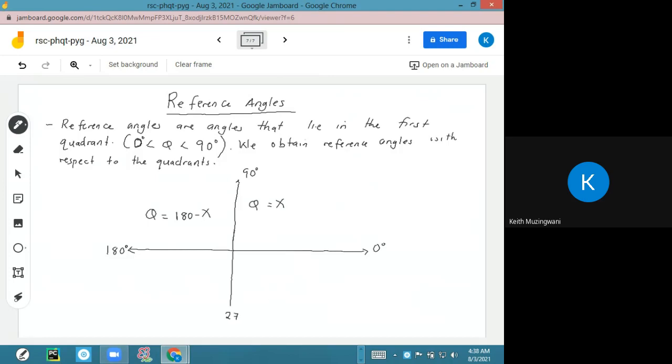If that angle goes beyond 180 but less than 270, you cannot add here to find theta, because if you add, you have 180 plus. That angle is too far, much bigger than 90. So you subtract 180 from that very angle. In the fourth quadrant, you subtract from 360.